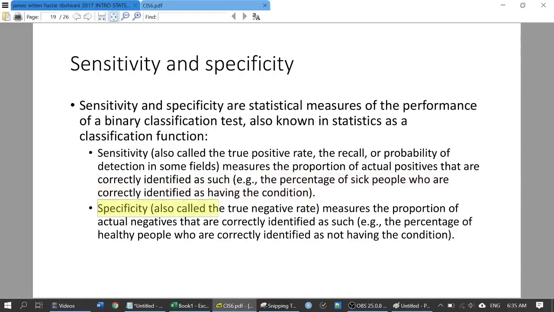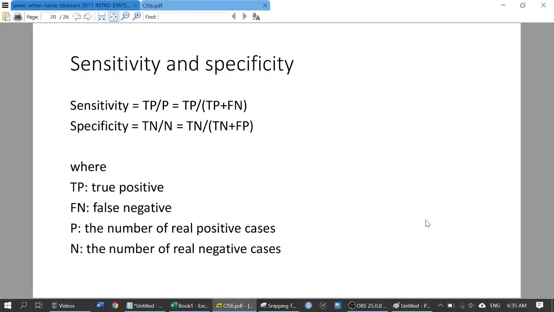Specificity, which is called the true negative rate, measures the proportion of actual negatives that are correctly identified as such. For example, the percentage of healthy people who are correctly identified as not having the condition. So the formula for sensitivity is the true positive out of all the positive, because the positive consists of TP and FN.